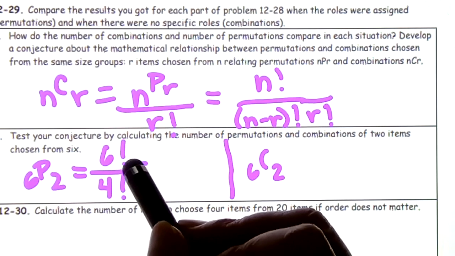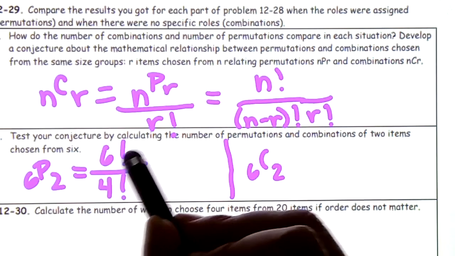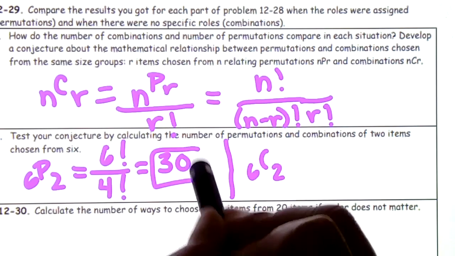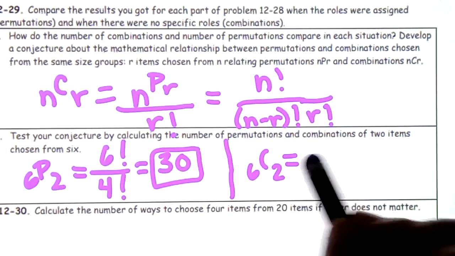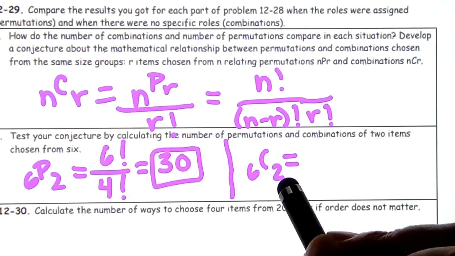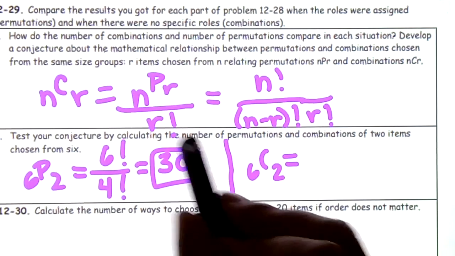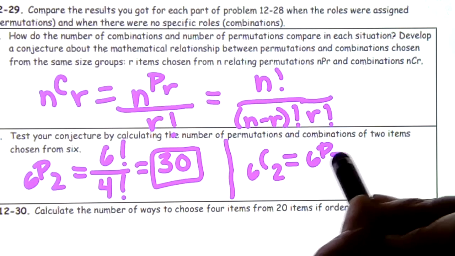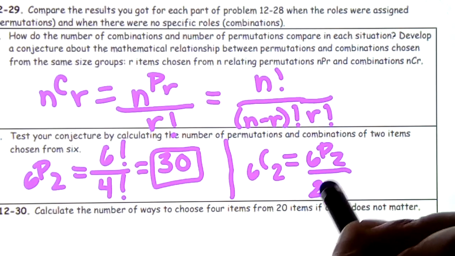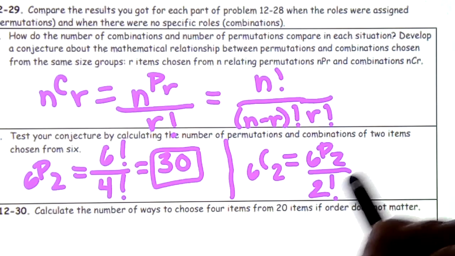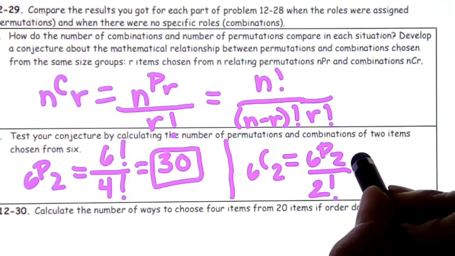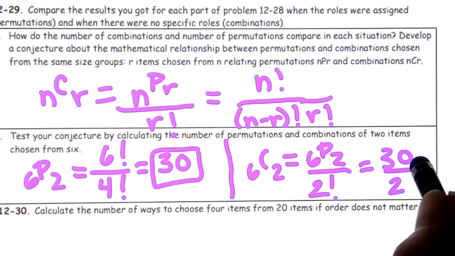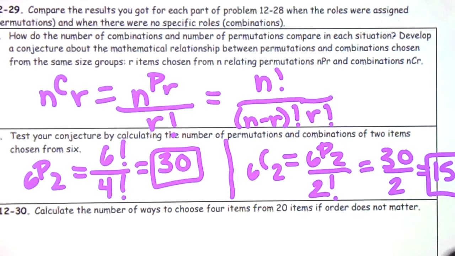When I work this out, the 6, 5, 4 factorial, the 4 factorial cancels out, and I end up with 6 times 5, or 30 as this answer. Now over here, 6 choose 2 is going to be this 30, my 6P2, and then I'm going to divide out my 2 factorial ways to get those ordered groups of 2. So this is 30 over 2 factorial, which is 2. I end up with 15 as that answer.